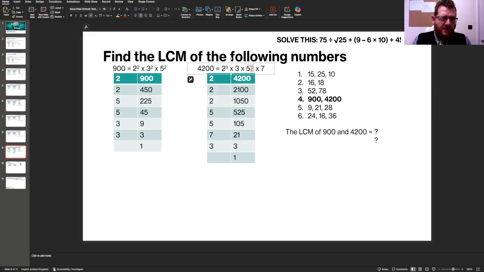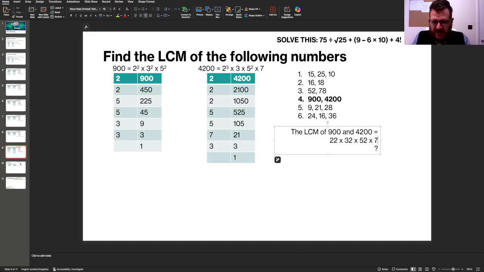Now we've got to try and find the highest in each prime factor. Well, I see a 2 squared. I'm going to move this down a bit. I see a 2 squared. I see a 3 squared. I see a 3 squared. I see a 5 squared.